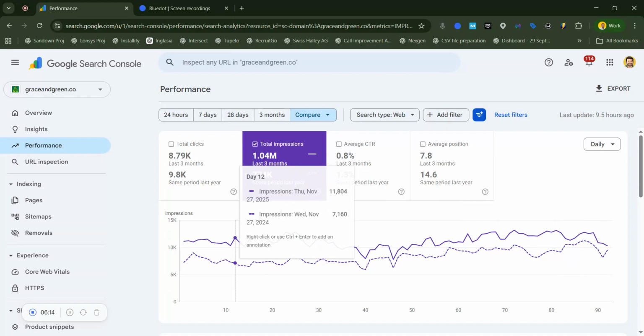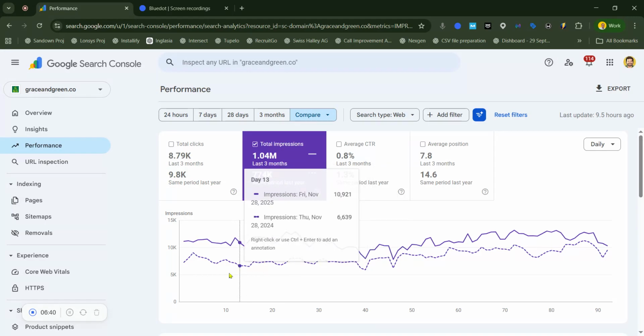If rankings were the problem, impressions would often stay similar while clicks drop. You understand? Basically, if your impressions did not change year on year, but only your clicks dropped, that means you lost rankings.